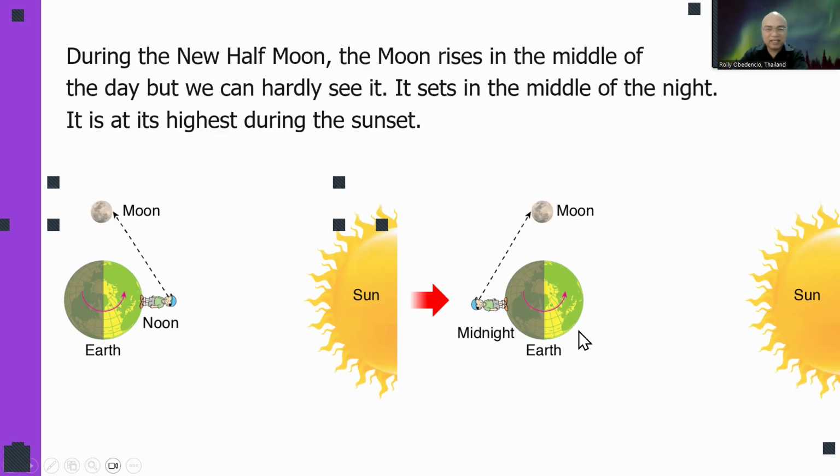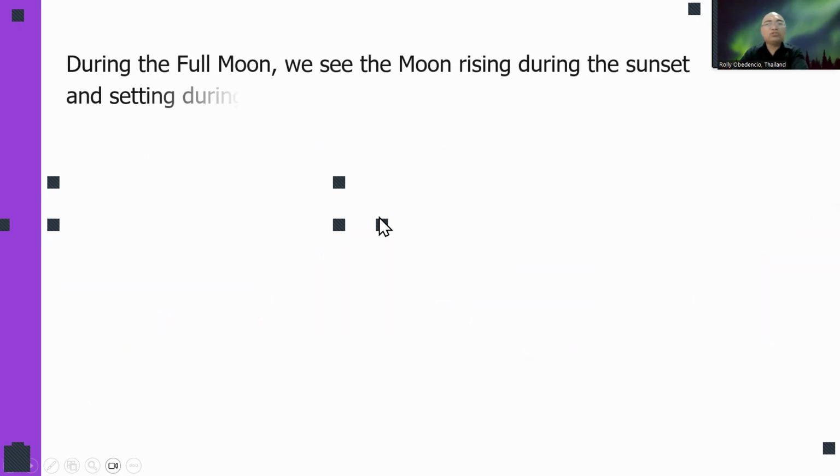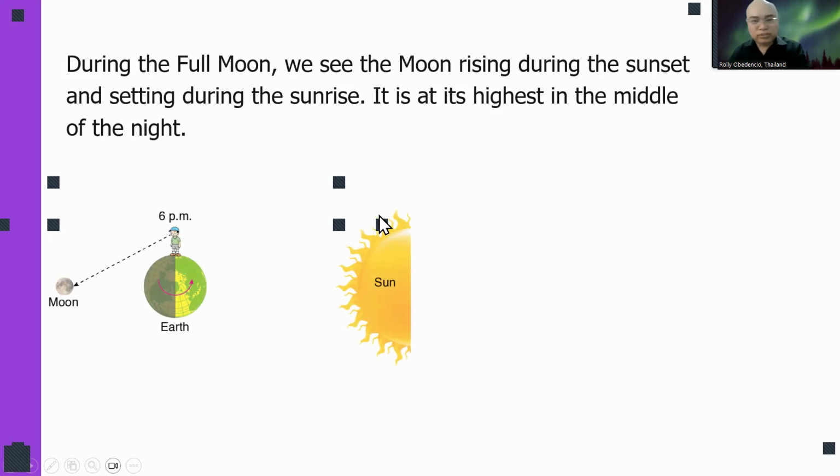During the full moon, we see the moon rising during the sunset and setting during the sunrise. It is at its highest in the middle of the night.